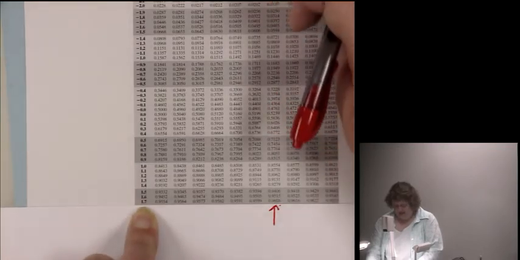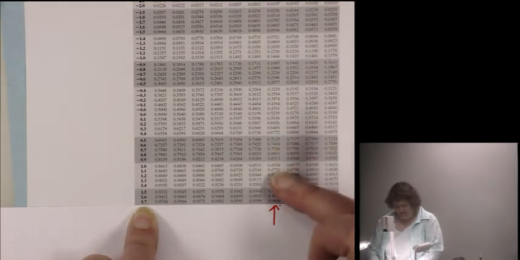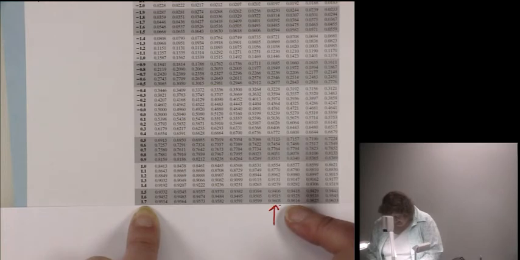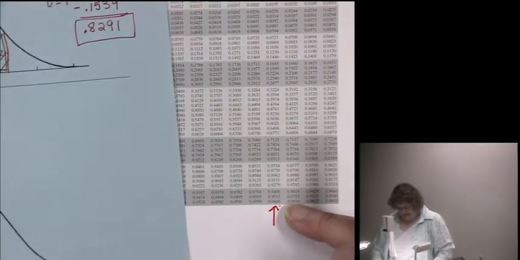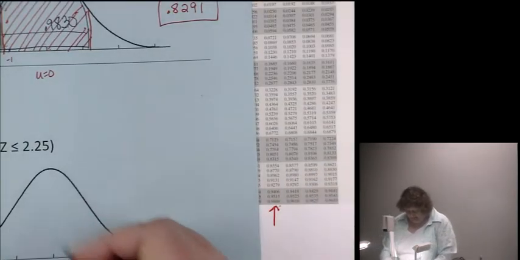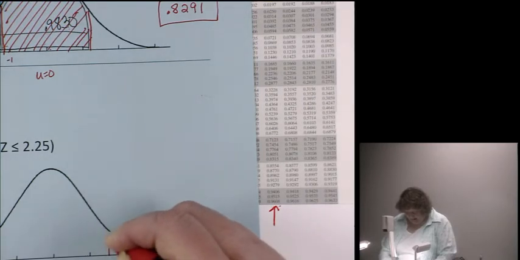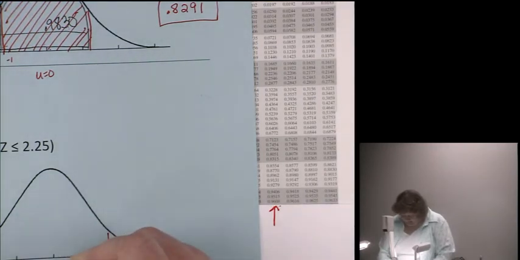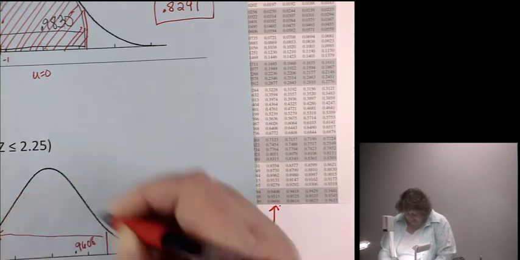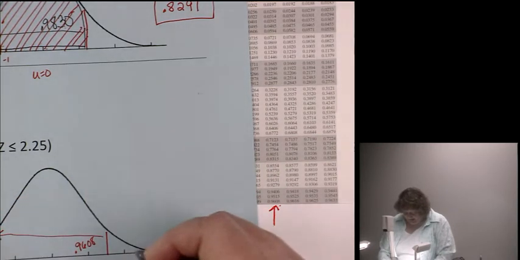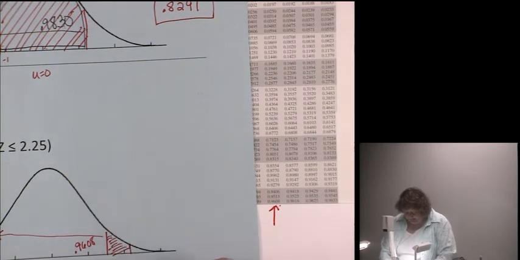And again, just take my word for it that I'm coming down the 6th column, and I get 9608, and that's the 1.76. 1.76 would be about here, and so that's going to be 9608 from here back, and 2.25 is going to be here, so we're just looking for this little area right there.